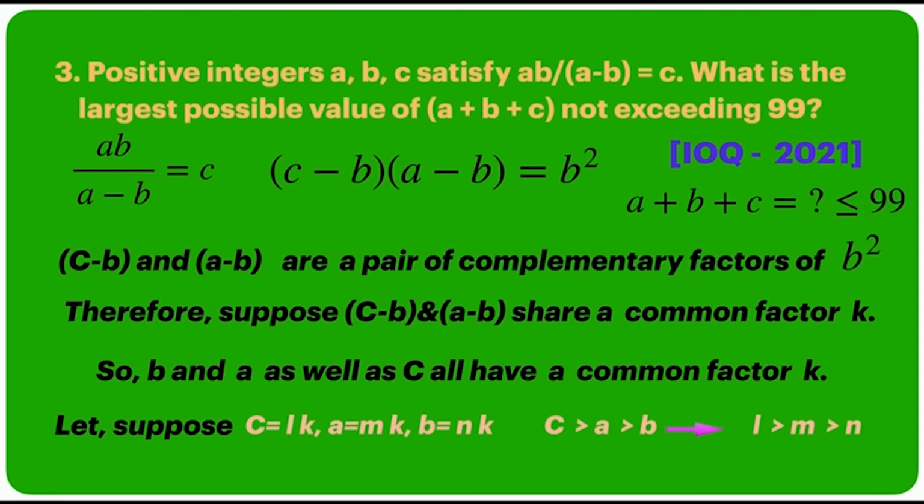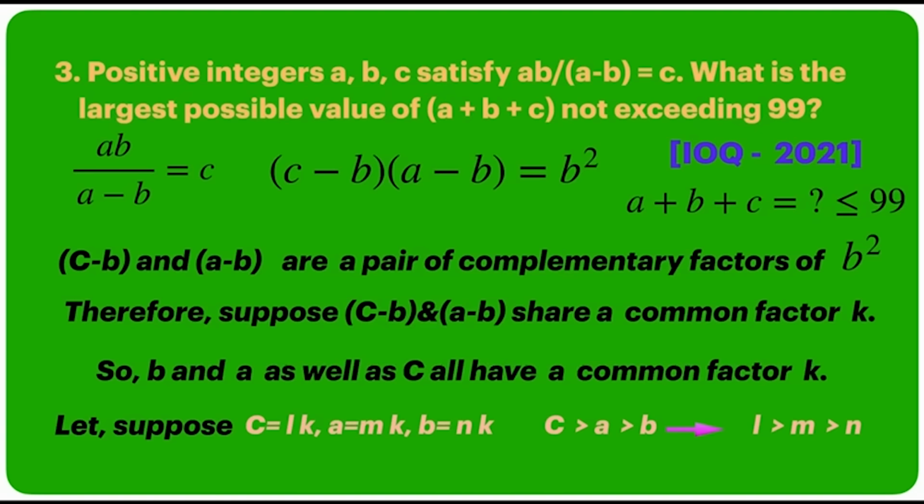Now since we have to guess the values a, b, c, so that the sum of the values of a, b, c, that is a plus b plus c, will be a maximum up to 99. Suppose we take the values of a, b, c so that a plus b plus c will be equal to 99 if possible.